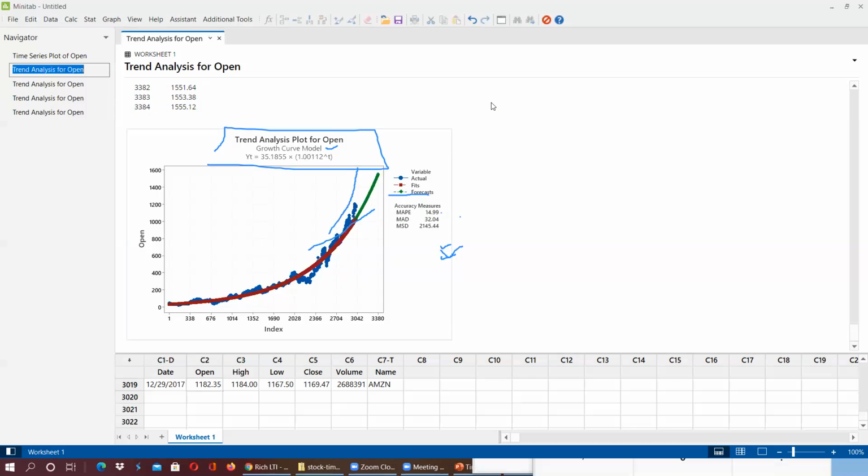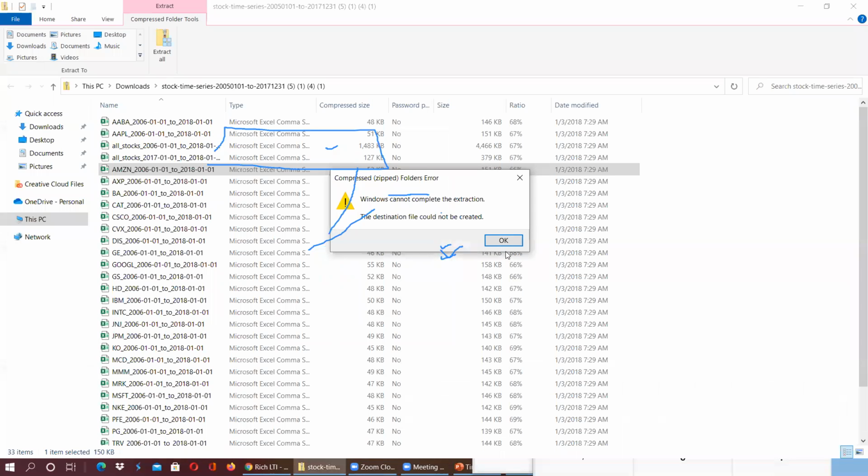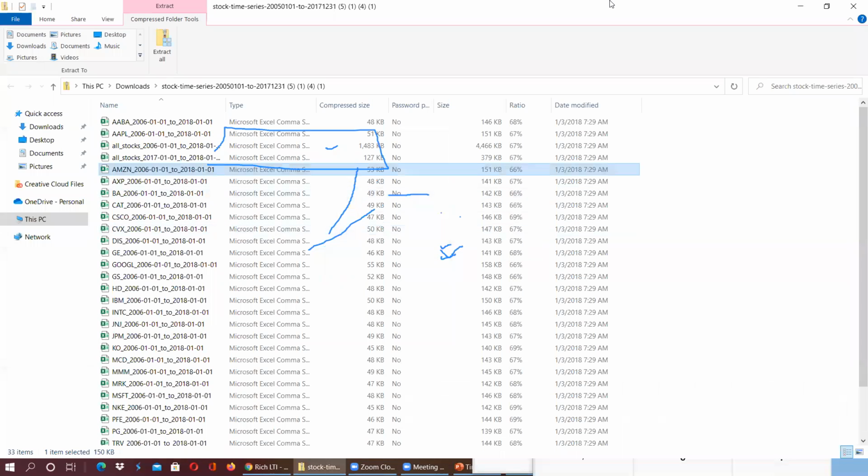So, this week's assignment is about these stock prices. You are going to do analysis of any 5 stock prices.